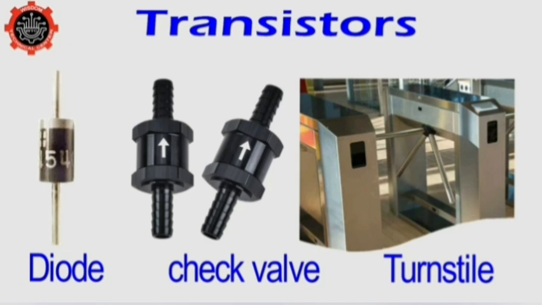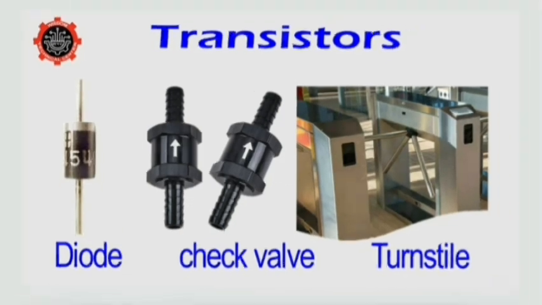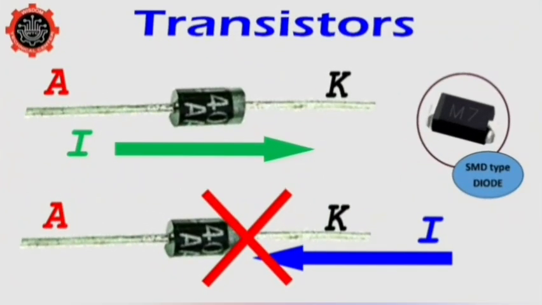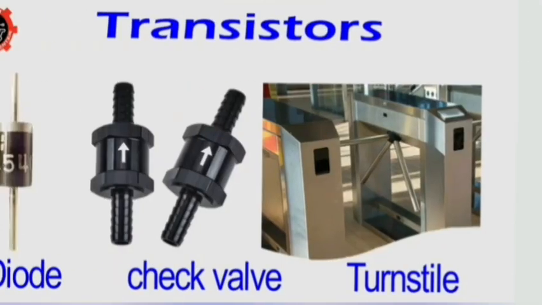It allows you to only go one way, just like a p-n junction diode allows current to flow through it in one direction only and blocks current that tries to flow in the opposite direction.